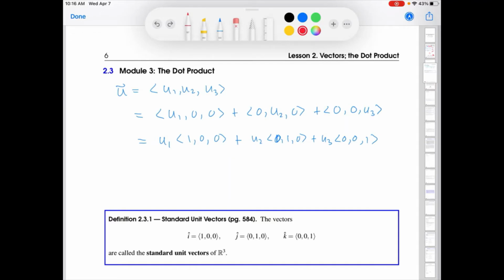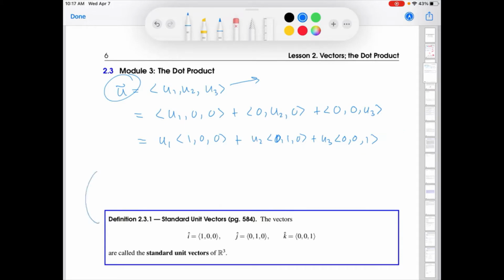So at this point, we have been able to decompose any vector u in R3, and of course we can do this the same way in R2 or in any dimension, as a sum of multiples of very specific and very simple vectors. These three vectors are what are called the standard unit vectors.